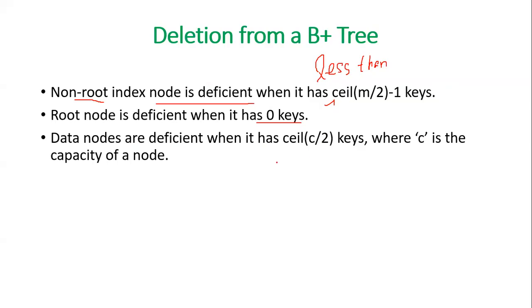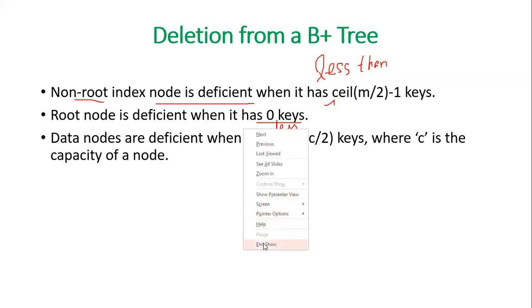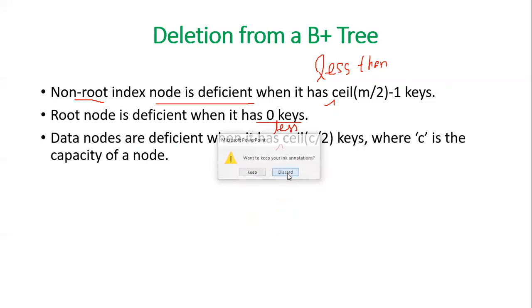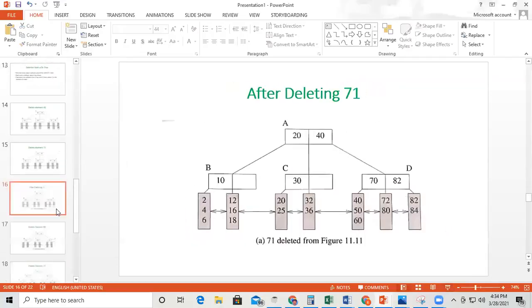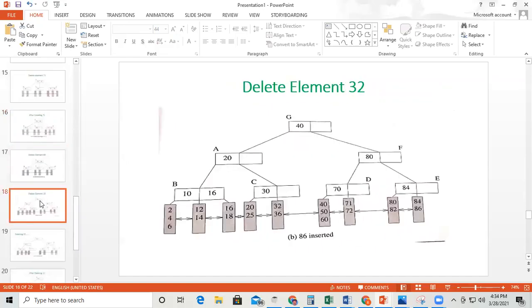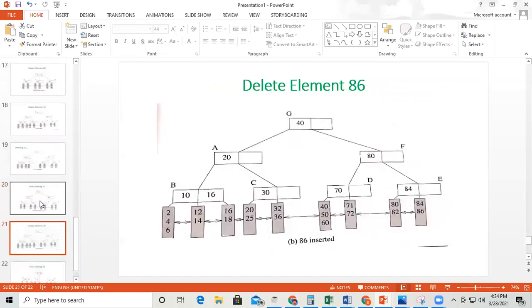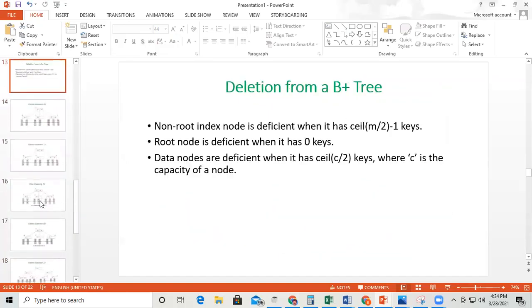A data node is deficient when it has less than ceil of c by 2 keys. Okay, so this is the situation under which deficiency occurs in case of deletion. Let me update this.